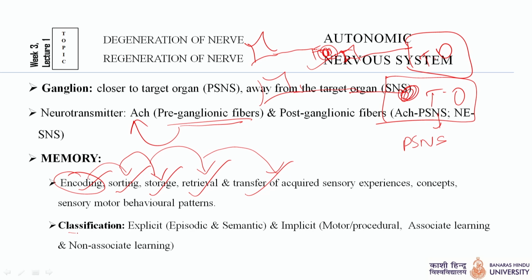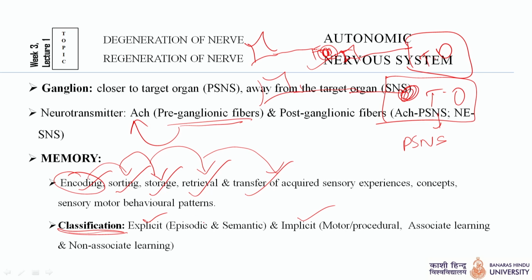Now memory is broadly classified into explicit memory and implicit memory. The explicit memory is also called declarative memory, and the implicit memory is also called non-declarative memory. Then the explicit memory is further classified into episodic memory and semantic memory.